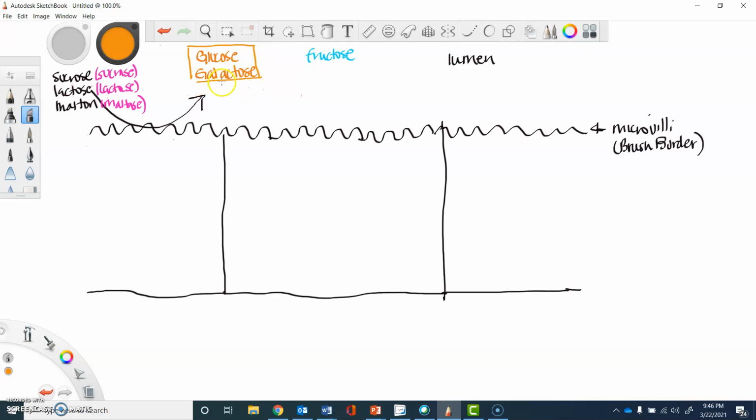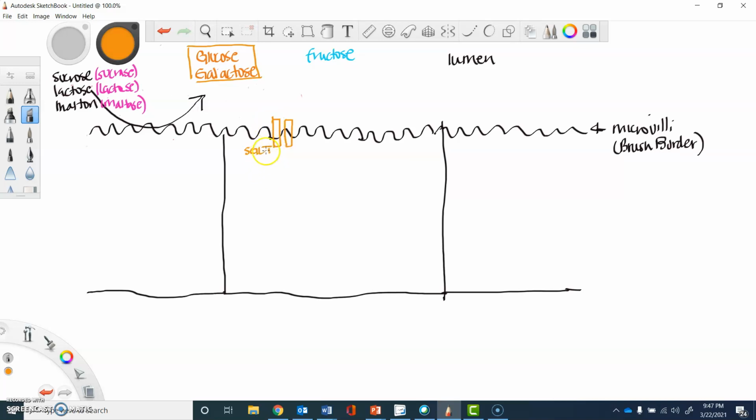So glucose and galactose enter the small intestine cell through secondary active transport. So along the cell membrane here, there's a special transporter, and it's called SGLT, S-G-L-T. So sodium glucose transporter.